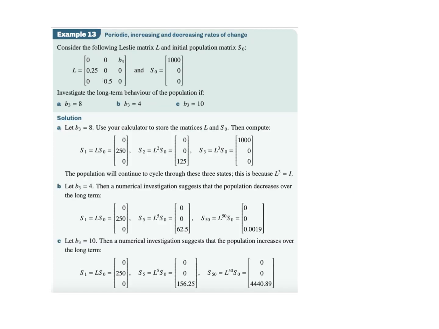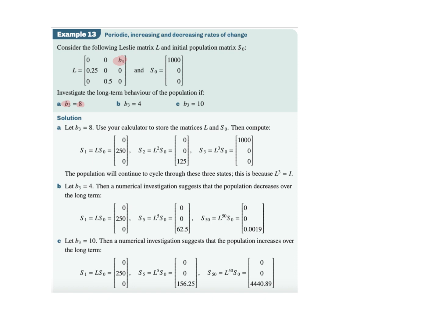All right, consider the following Leslie matrix and the initial population. Now, it says investigate the long-term behaviour if B3. So what they're doing is they're changing the birth rate in every scenario. So B3 is that number there.